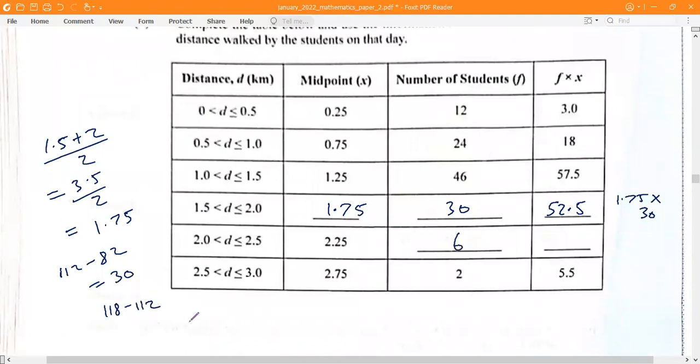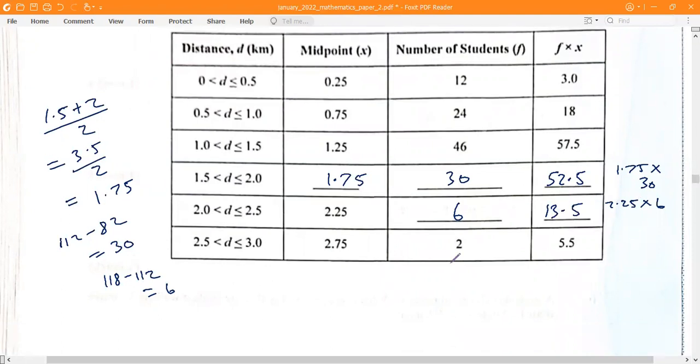All right, and then we multiply 2.25 times 6 to get our answer in this cell here. So 2.25 times 6, we get 13.5. So at this point in time, we'd like to add up all the numbers in this column. 3 plus 18 plus 57.5 and so on.